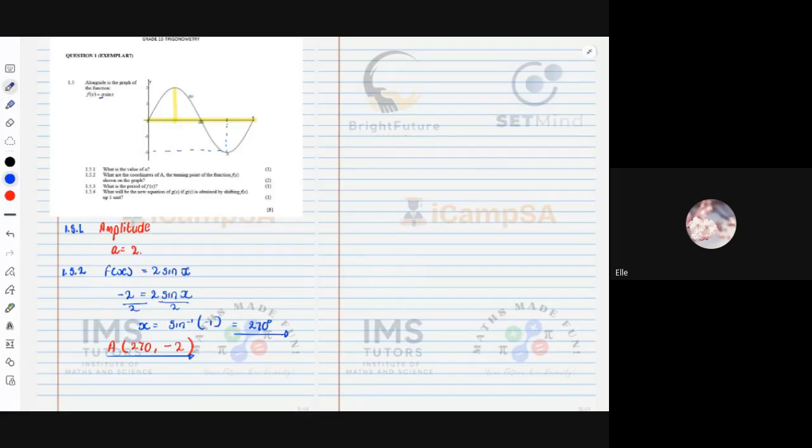So for the period, it's always going to be 360. Period is equal to 360 degrees because it's a sine function, and the cos function is the same also. For the tangent function, we said it's equal to 180.